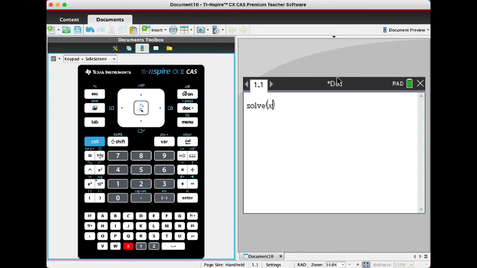Now you can either use the squared button or you can use the caret button. Either way gets you an x squared there. I'm going to go back and use the squared button. You can see that I'm not on the top line. Equals 36. The letter we're solving for is x, a comma x, enter, and there are our two values, x equals negative 6 or x equals 6.